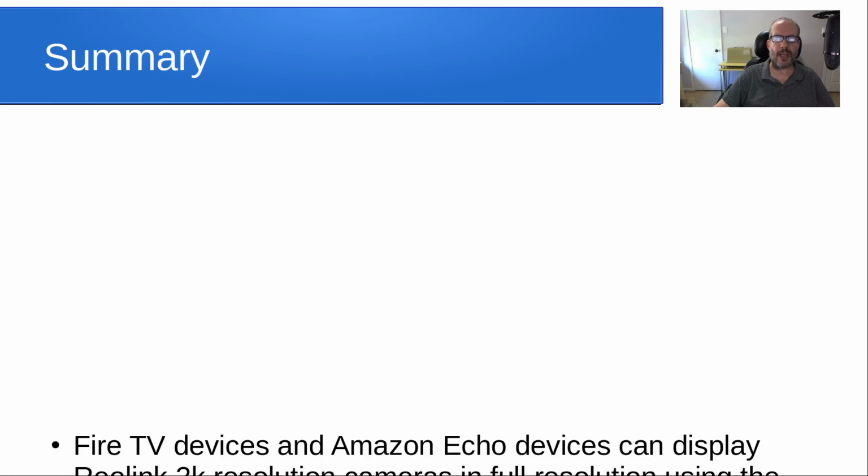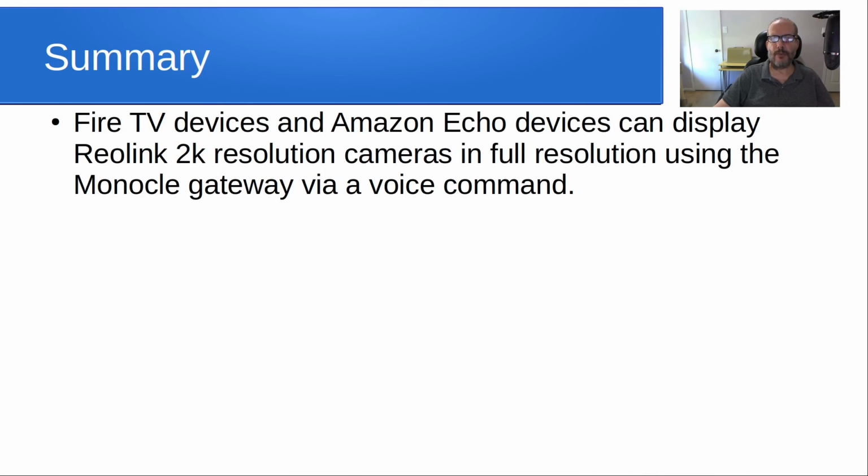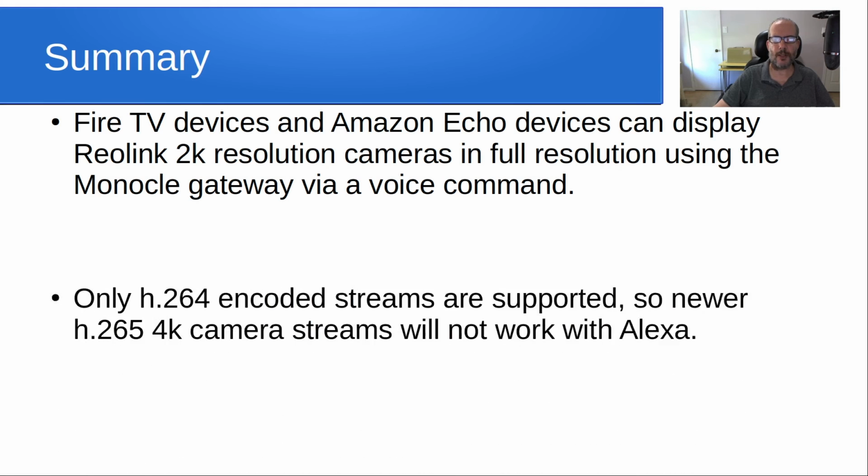So in summary, Fire TV devices and Amazon Echo devices can display Reolink 2K resolution cameras in full resolution using the Monocle gateway via a voice command. And when it comes to the Reolink cameras, I believe that all Reolink cameras require the Monocle gateway in order to be able to display on Amazon devices.